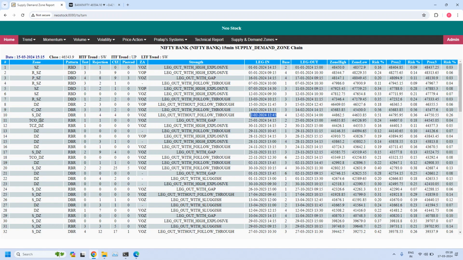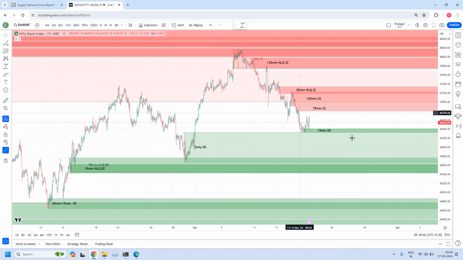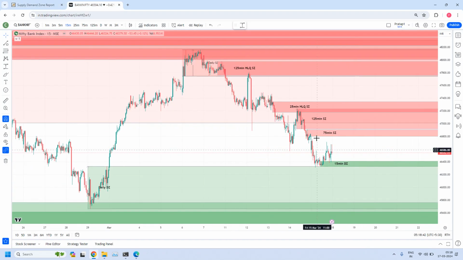Now let us look into supply zones. The immediate supply zone is a high liquidity supply zone, the 7th one in this list. It is created on 13th March, 10:15 candle, 3 base candles.